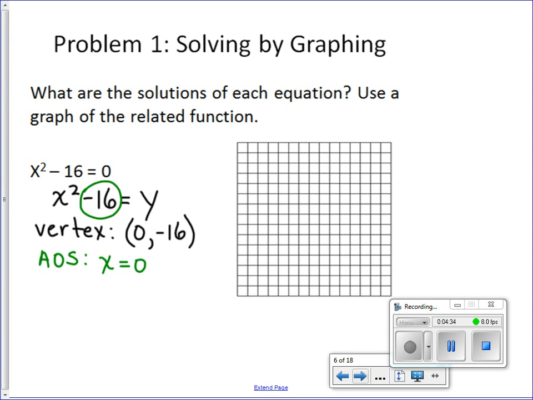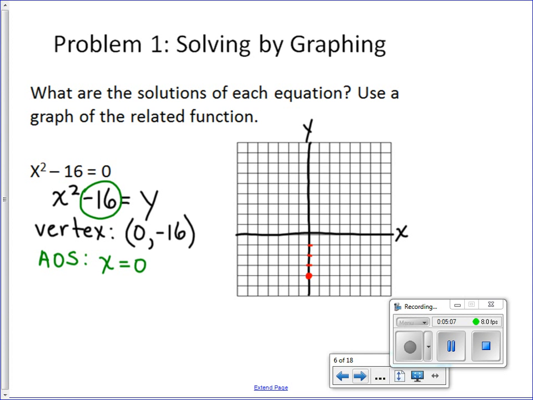So let's begin our graph. I'm going to put my y-axis right here. I'm going to put my x-axis right here. And to get to negative 16, we're going to go by, let's see, I bet I can't go by 2's now. Let's go by 4's. So here's negative 4, negative 8, negative 12, negative 16 would be right there.